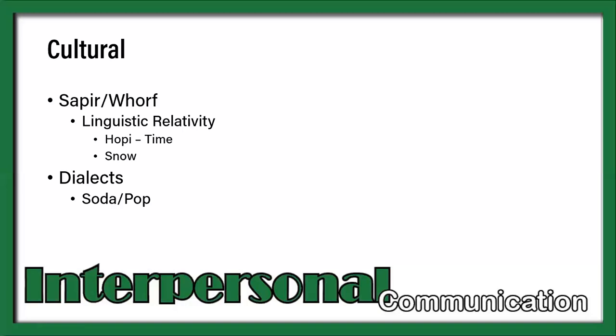And Whorf is the one that's associated with the Hopi Indian and studying language and really looking at how it's developed. He looked at the Hopi language and the concept of time. And he said, oh, in the Hopi language, they don't look at time as linear.